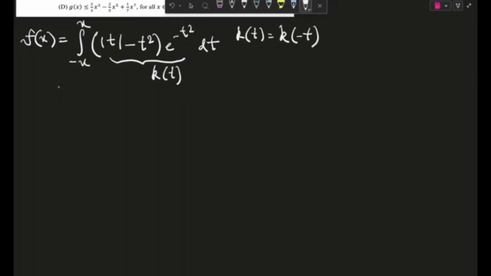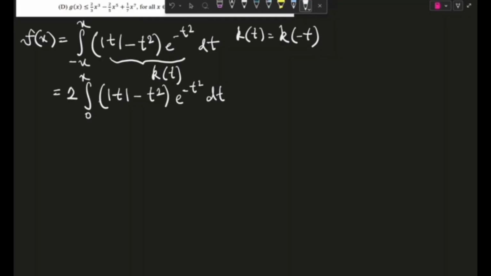Because this is an even function, we can write this as 2 times the integral from 0 to x of mod t minus t square into e power minus t square dt. You will observe that using very fundamental concepts, we will solve this difficult looking question.